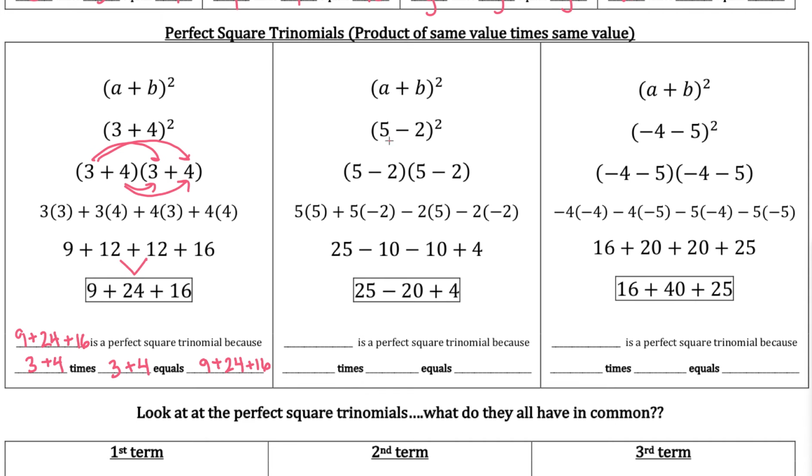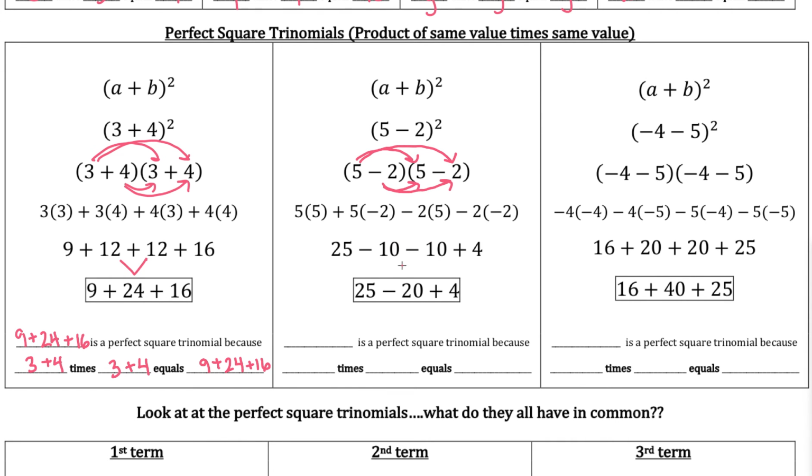Like in this one, we have 5 minus 2 squared, which is 5 minus 2 times 5 minus 2. So 5 times 5 is 25. 5 times minus 2 is minus 10. Negative 2 times 5 is negative 10. And negative 2 times negative 2 is positive 4.